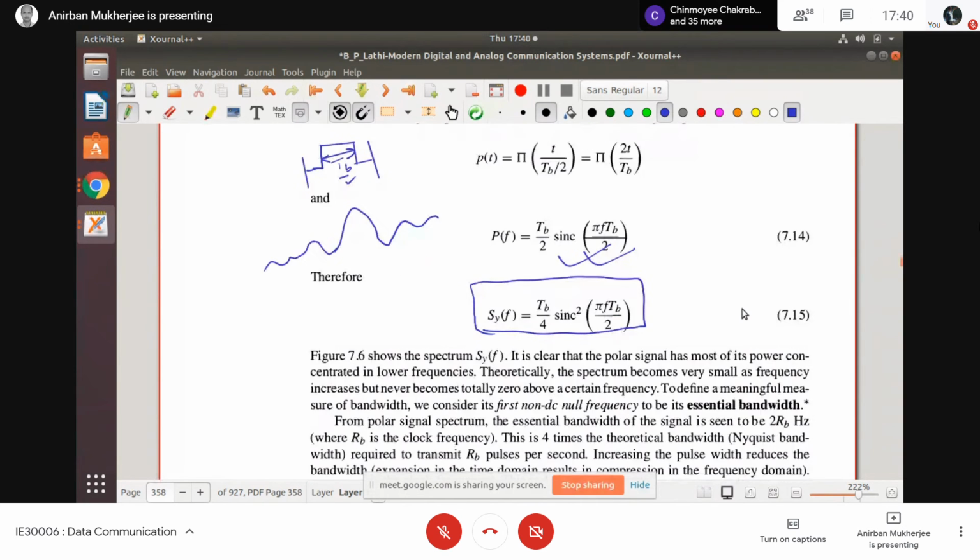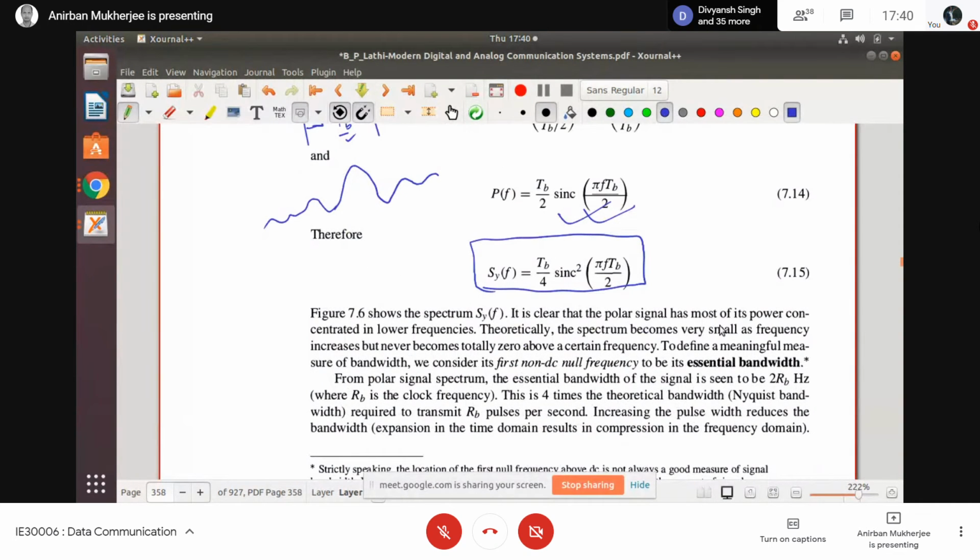So you see that the polar signal has most of its power concentrated in lower frequencies. The spectrum becomes very small as frequency increases, but never becomes totally zero above a certain frequency. Here at f equal to 0, you have a lot of low frequency content, which we don't like.